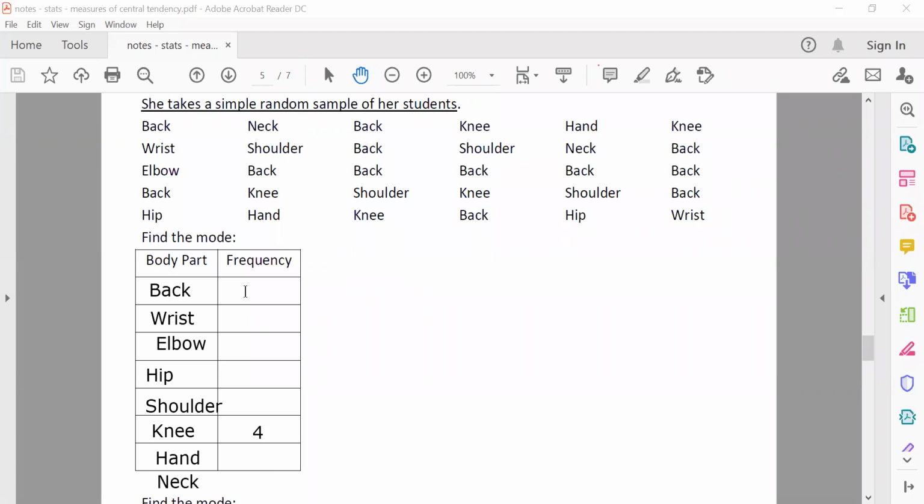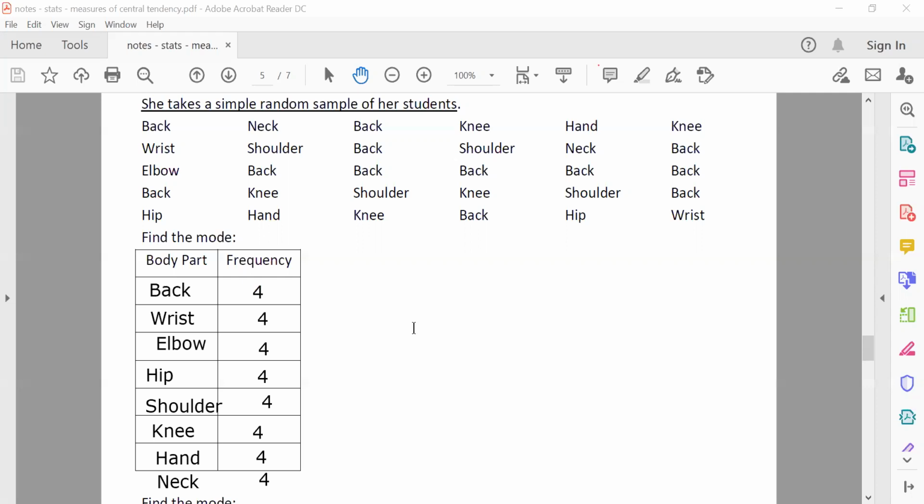What if all of them occurred exactly 4 times? The back, elbow, wrist, hip, shoulder, neck, hand. What if every single one of them occurred exactly 4 times? You're tempted to say it would be all of it, right? Remember there's no mode. The definition of mode is that it's strictly more.